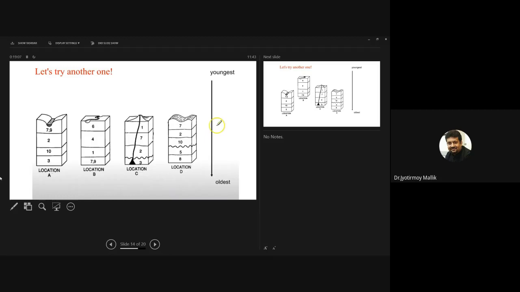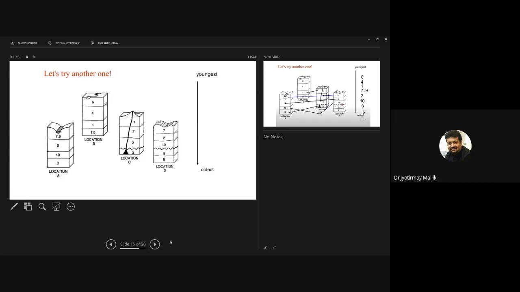You will observe that I have number 7 here, number 7 here, number 7 here, also number 7 here. So perhaps I can correlate number 7 in all four horizons. Okay, so let's do that. We can correlate all number 7.